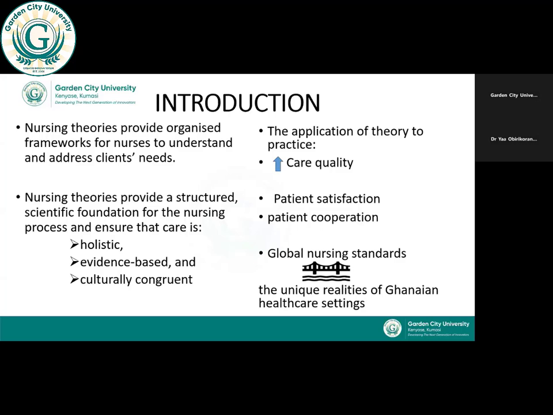So if you pick Orem's theory on self-care, one of the things she says is that every individual, it doesn't matter who you are, where you are coming from, there are some basic self-care needs that you should be able to do for yourself. If you bring this to the context of Ghana, what are our unique needs?